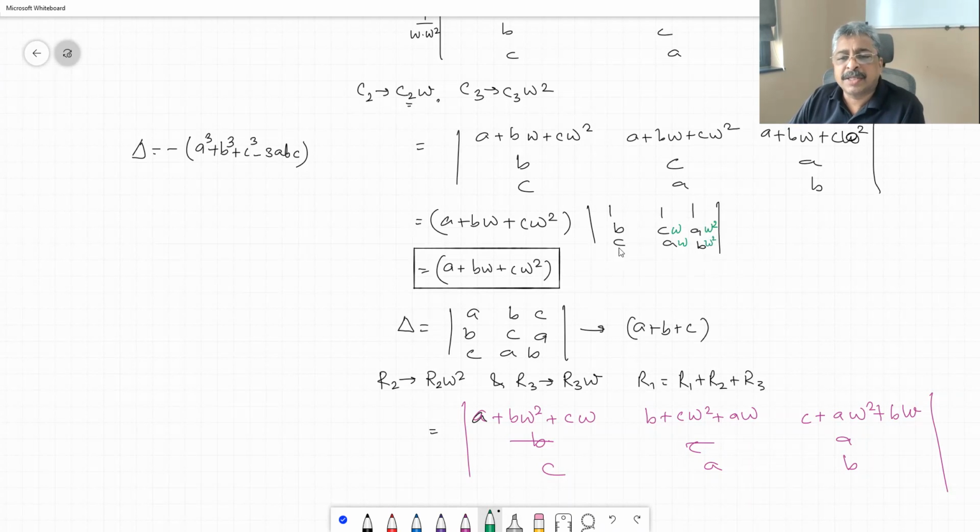Okay, and in that case, if you would have expanded this, you could have got the remaining two factors. But anyway, you go back to the original determinant, you get another factor. You go back to another determinant, you get yet another factor.